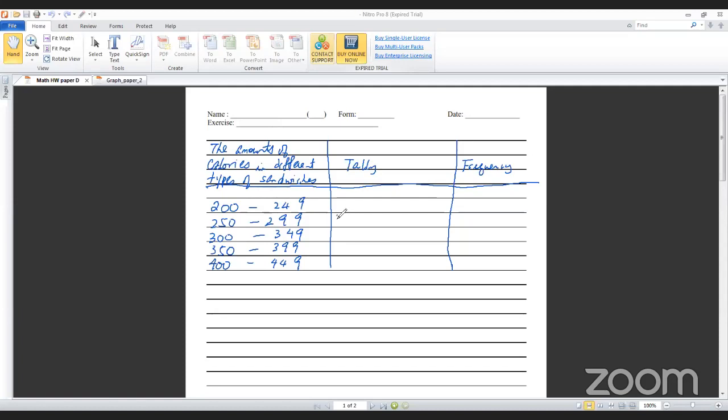288 here, and then 399 should be here, right? 345, 410, 250 here. 328, 376, 294.